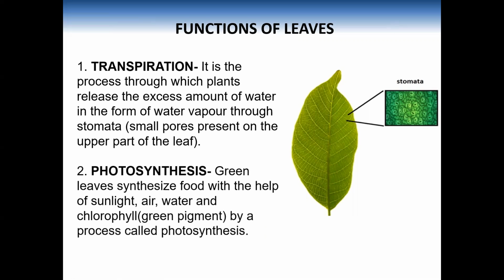Second function is photosynthesis. We know that green leaves synthesize food with the help of sunlight, air, water, and green pigment known as chlorophyll by a process known as photosynthesis. So these are the two functions of leaves. Now we will discuss both the functions in detail.